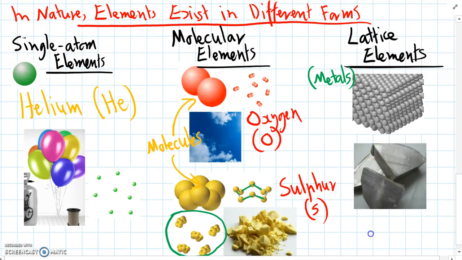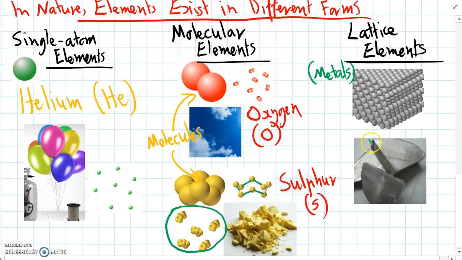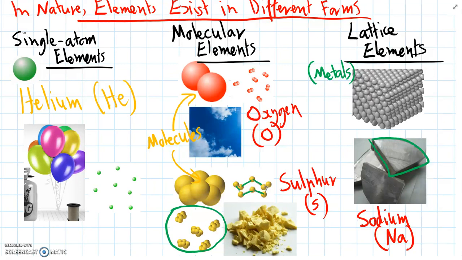So each chunk of metal in this picture here is just one big lattice of atoms all joined together continuously, repeating on and on and on. So this example could be a metal like sodium, and its symbol is Na. So elements are particular types of atoms, and they can exist in 3 main forms when we find them in nature.